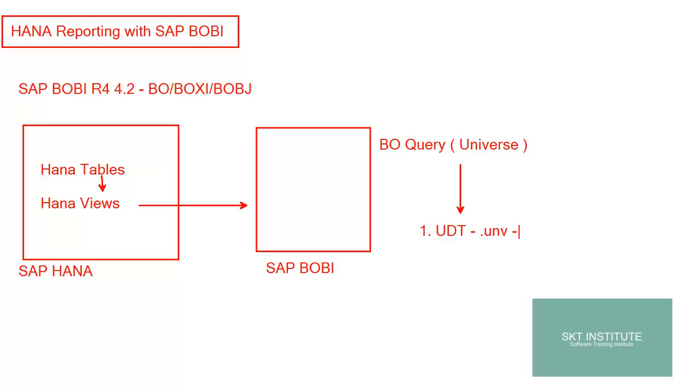So in UDT we can consider both the HANA tables and views. And one more tool is there, that is called Information Design Tool. The extension of the universe in Information Design Tool is .unx. Here also we can consider both the HANA tables and the HANA views.